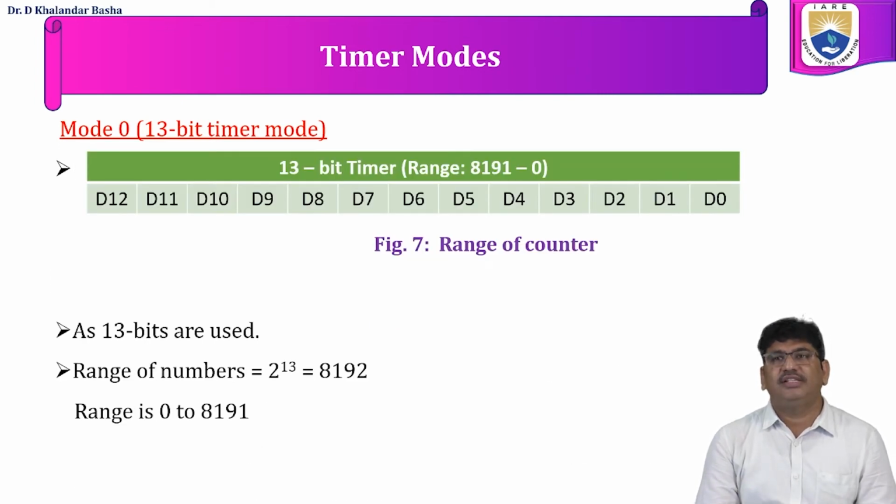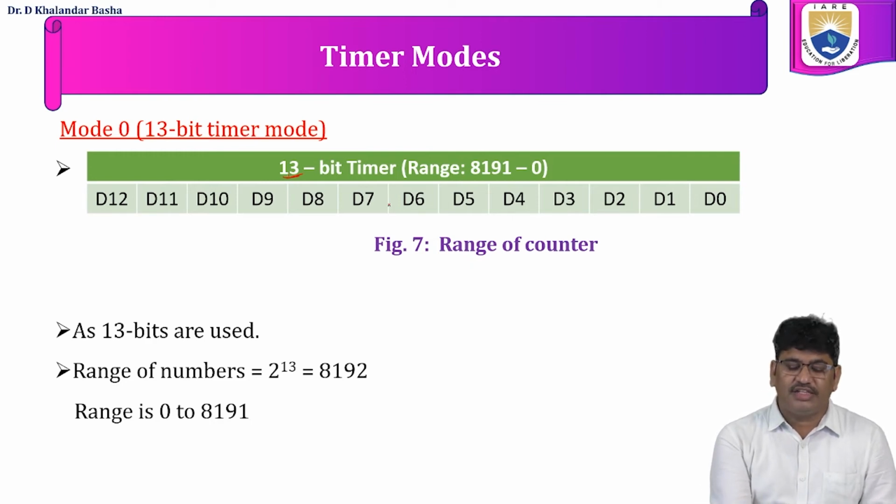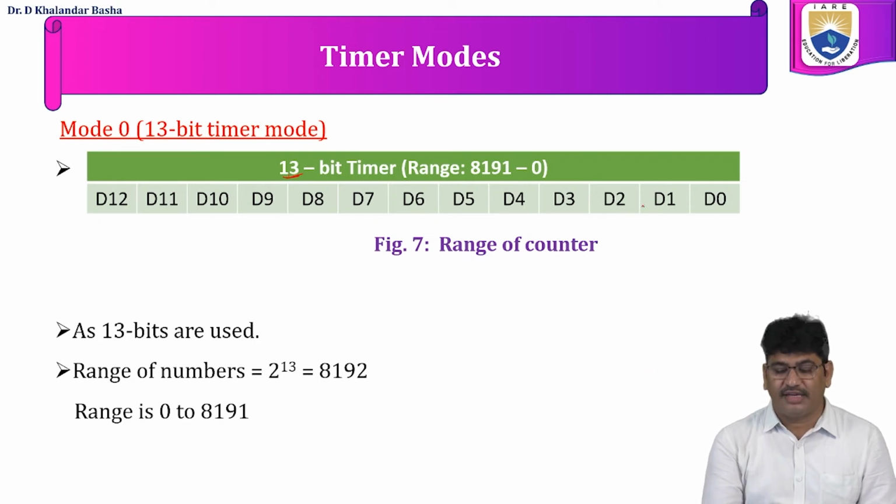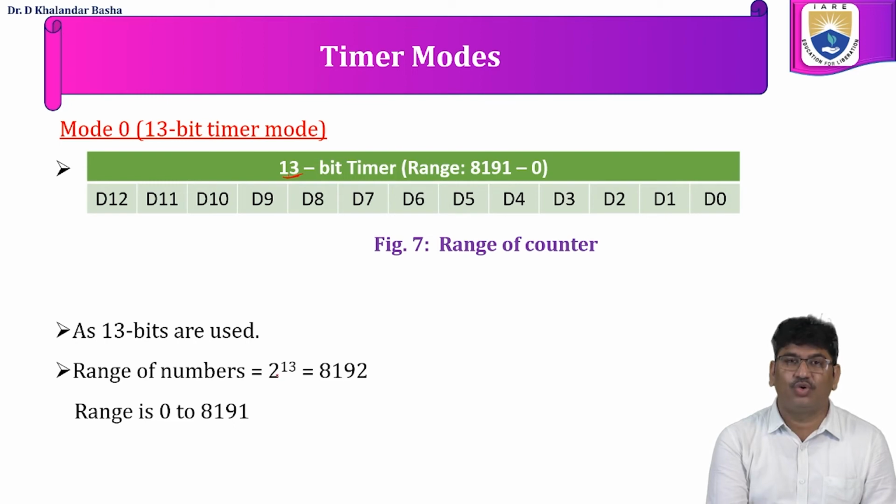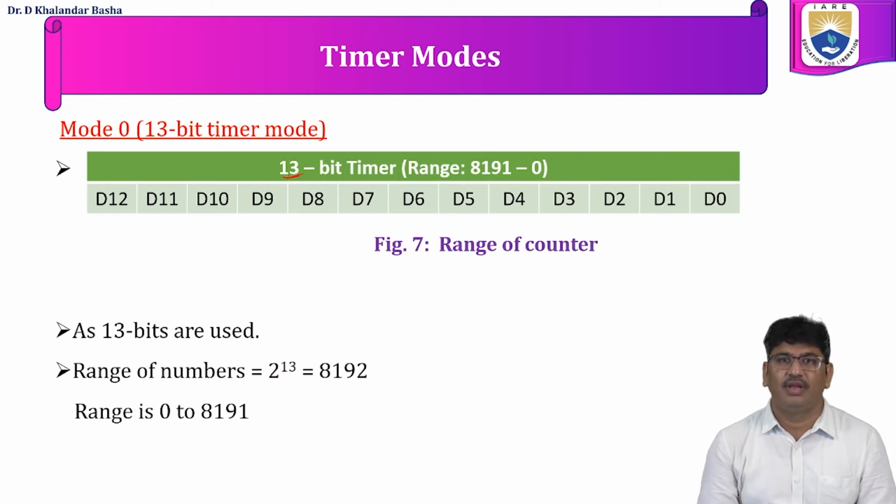Now we will see the range of these counters. The size of the register or counter is 13 bits. So the total counts we can have is 2 to the power of 13, which gives us 8192. If we configure it as a counter, the maximum count is 8192.